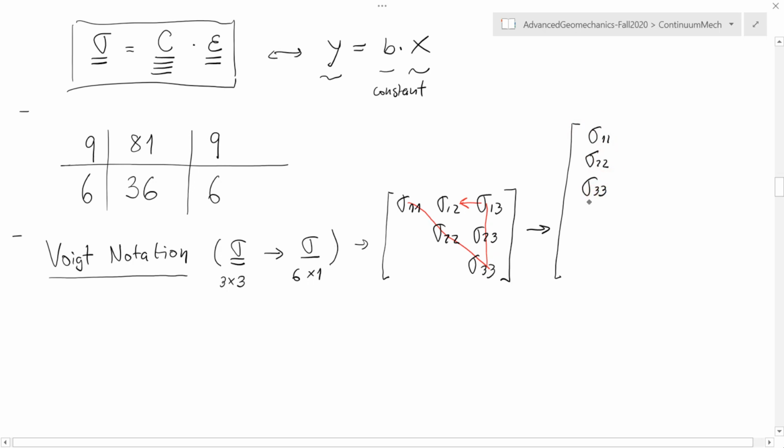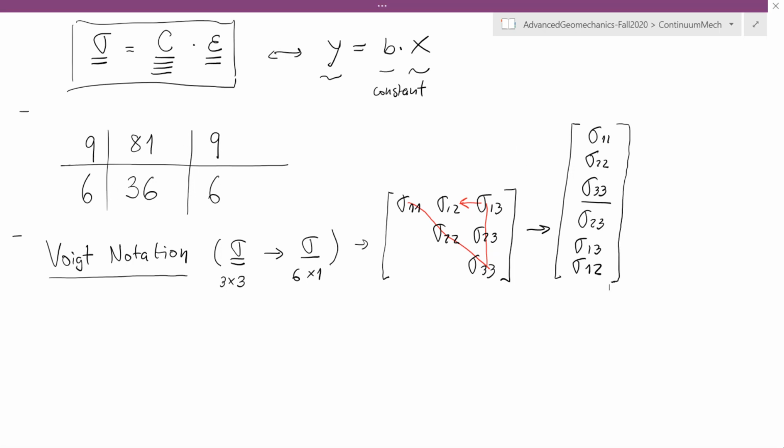I like to add a line over here to separate the normal stresses from the shear stresses. Sigma 23, sigma 13, and sigma 12. Pay attention that some people, in some other communities, use a different notation, and they may start in the fourth position with sigma 12. So just keep an eye on that.